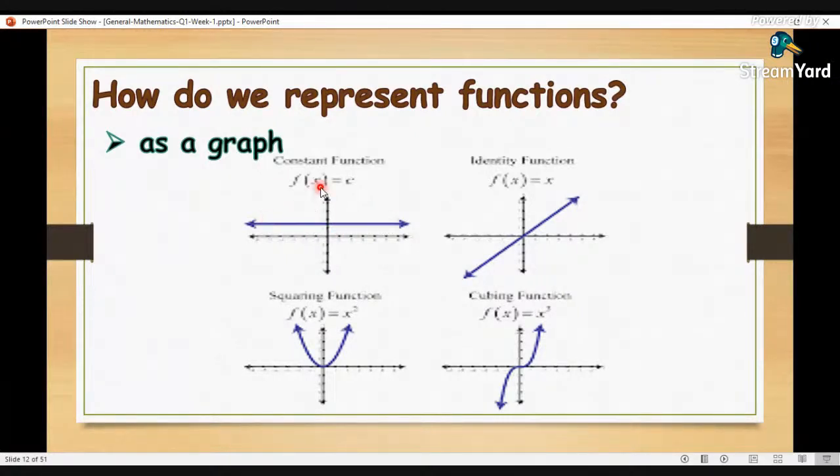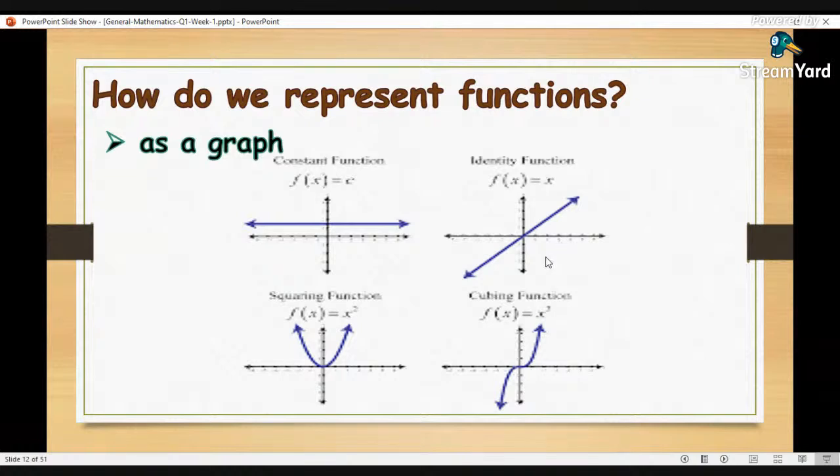Constant function because for every value of x, the answer will always be C, or the range will always be C. In this case, whatever the value of x, let's say we put 1.5, if f of x is equal to 1.5, then for all values of x, from negative infinity to positive infinity, the answer will always be 1.5. That's why this will be the picture of your graph.